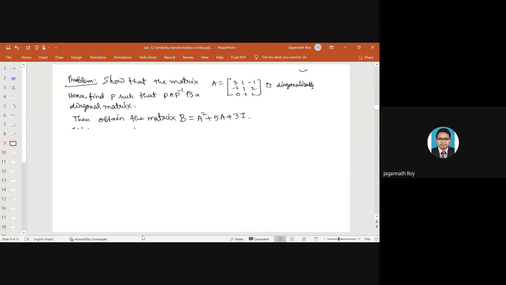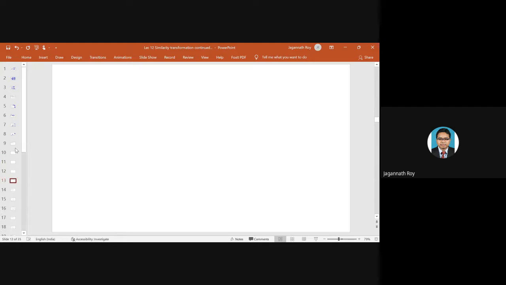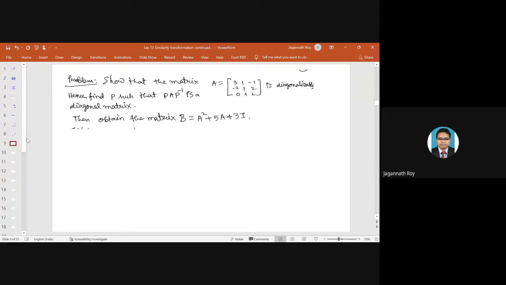So if we have this problem, for example, a 3 by 3 matrix, then what do we have to find? First, we have to find the eigenvalues. So let us try to find them. Solution: determinant of A minus lambda I equals 0.